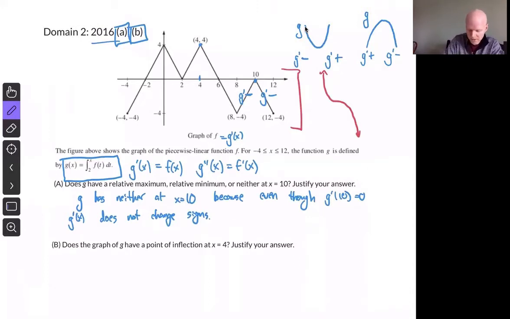So remember, for g to have a point of inflection, in order for that to happen, g double prime needs to change signs.